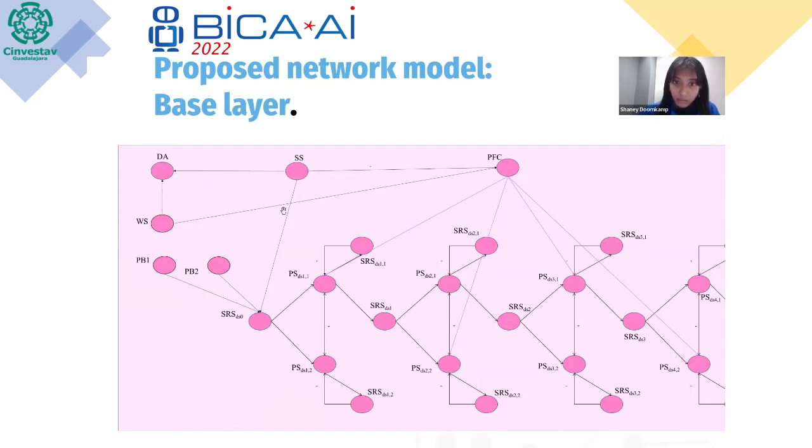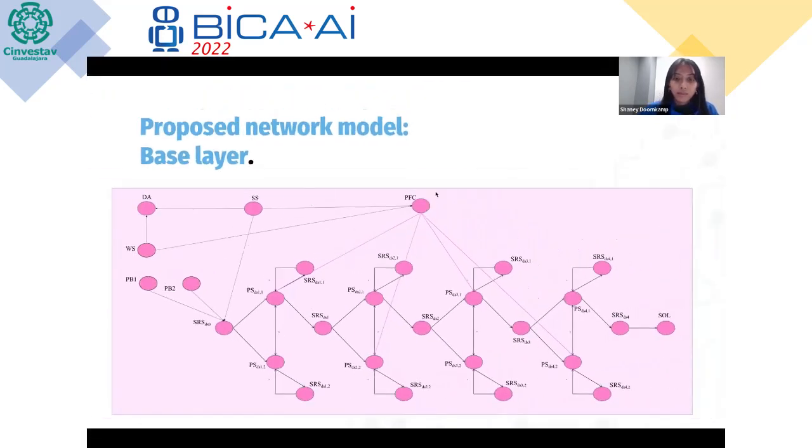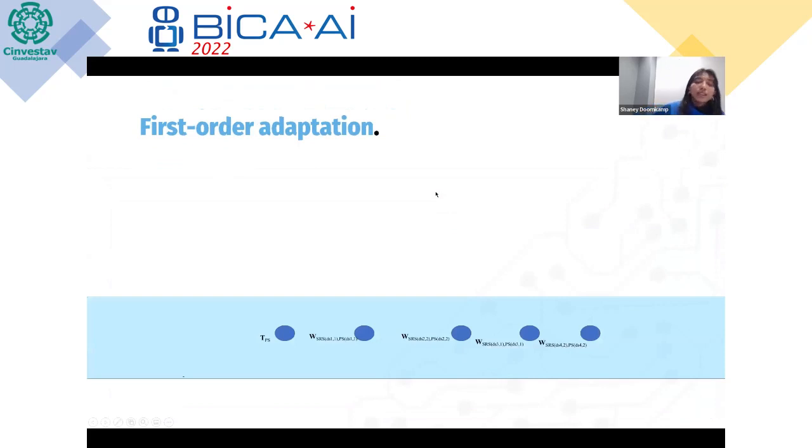I can press next. Yes, the next part is the first order of adaptivity. It's not very well shown here, but there's an arrow going from dopamine to the TPS, which is an adaptation of the thresholds of the preparation states that you saw before.